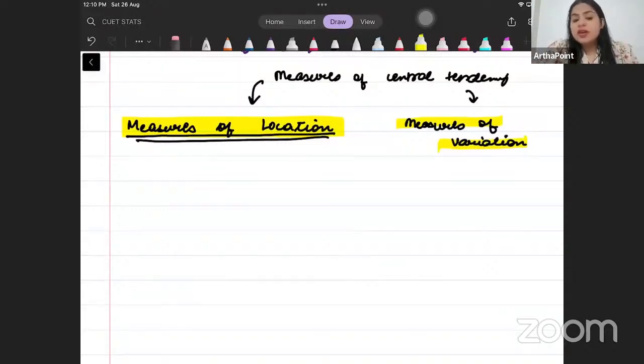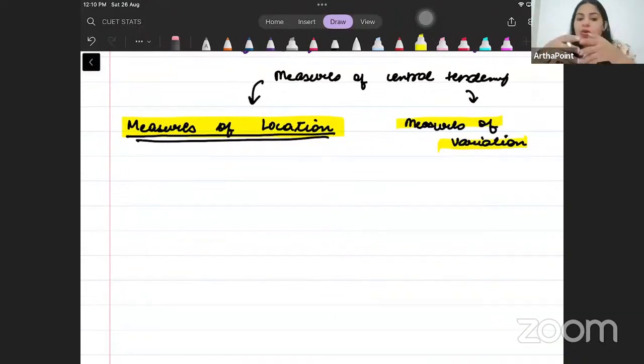Similarly, it is very difficult to talk about the income of every individual in the society. So a lot of times what we have to do is condense a huge amount of uncondensed information into a condensed form of information.